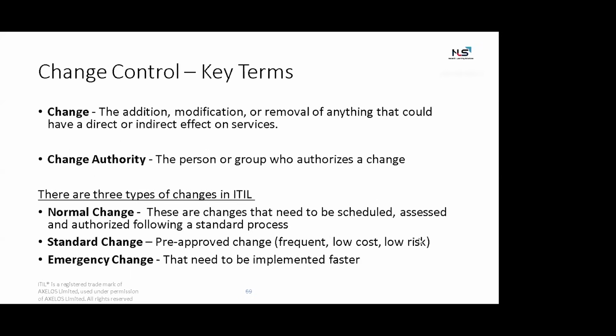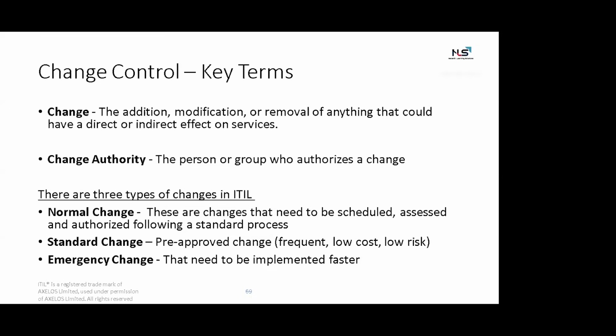We have the definition also here: addition, modification, or removal, deletion of anything that could have a direct or indirect effect. Change authority is the person or group who authorizes the change. What different changes do we have? Normal, standard, and emergency.